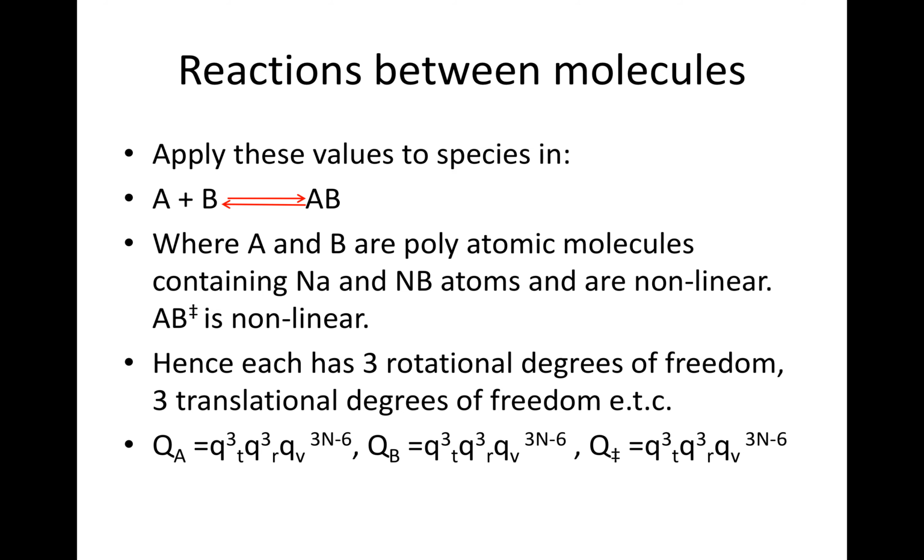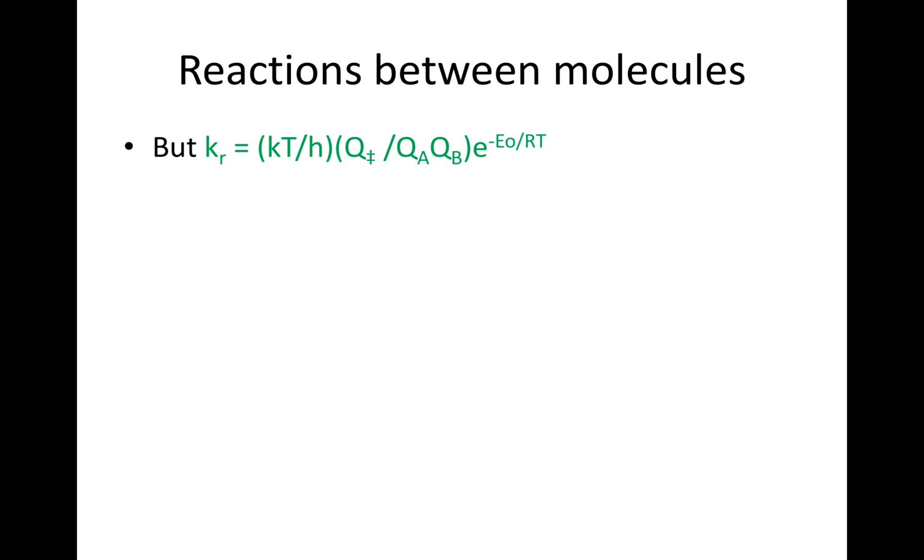So Q_A is going to be equal to Q_T cubed, Q_R cubed, Q_V^(3n-6). Q_B is going to be Q_T cubed, Q_R cubed, Q_V^(3n-6), and Q‡ is going to be Q_T cubed, Q_R cubed, Q_V^(3n-6). But k_r is equal to k_T over h into Q‡ over Q_A Q_B into e to the minus E_0 over RT.